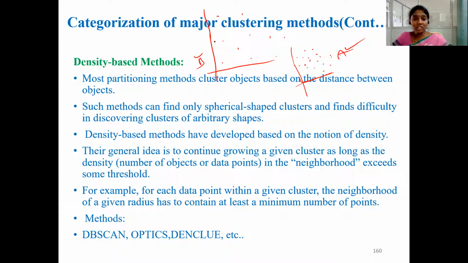So here, density-based methods. Till now we know the distance-based clustering. That means we can use either Euclidean or Manhattan distance, and based on that we can form some clusters. So that is purely based on distance.